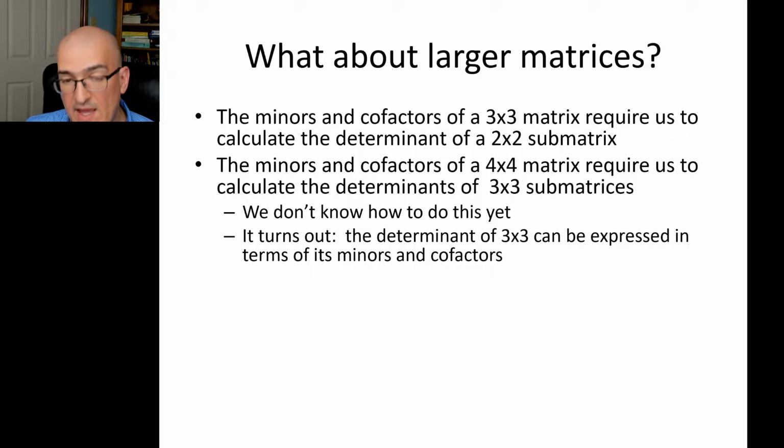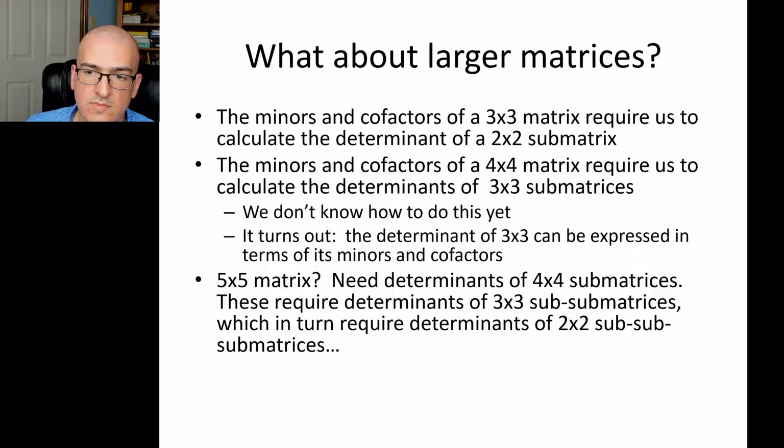It turns out that we can calculate the determinant of a 3 by 3 matrix by expressing that determinant in terms of cofactors. For 5 by 5, we would need determinants of 4 by 4 submatrices. Each such calculation would in turn require determinants of 3 by 3 submatrices.